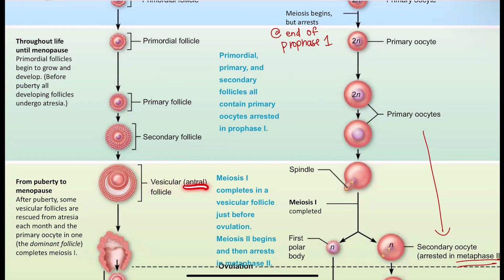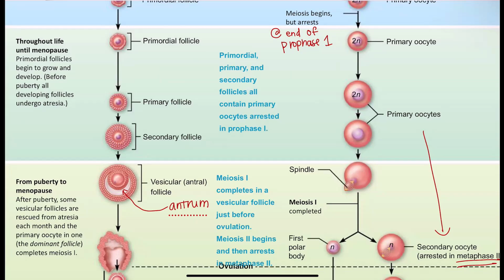And that word antral refers to the antrum, which is kind of like this fluid situation here. That kind of blank part where we have the egg there, a layer of cells, and then we have the antrum. And inside of this cell, this oocyte is a secondary oocyte.